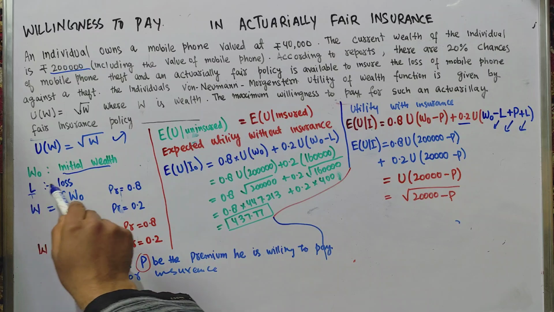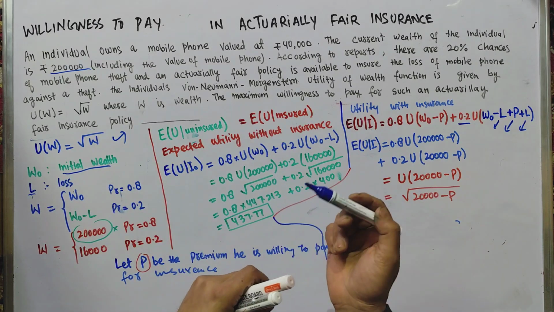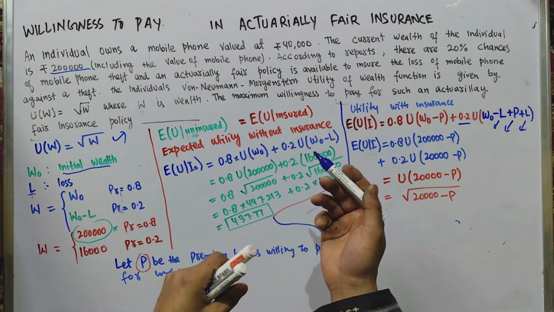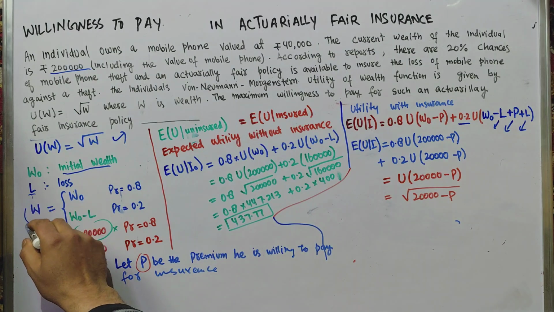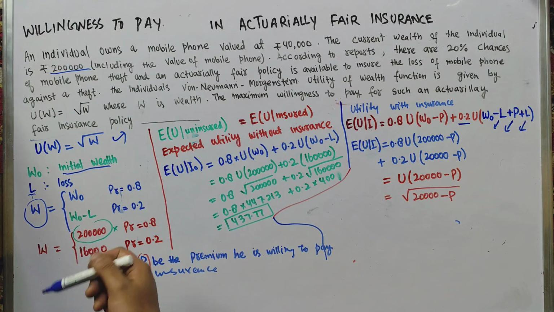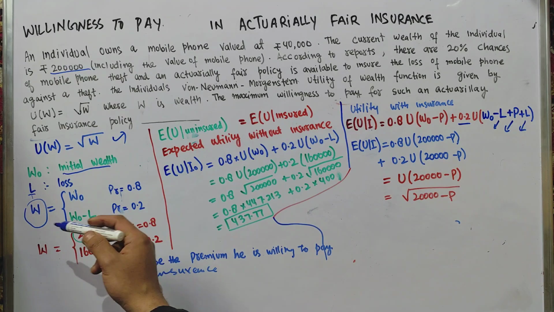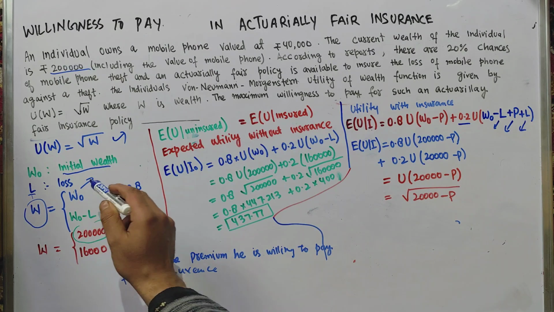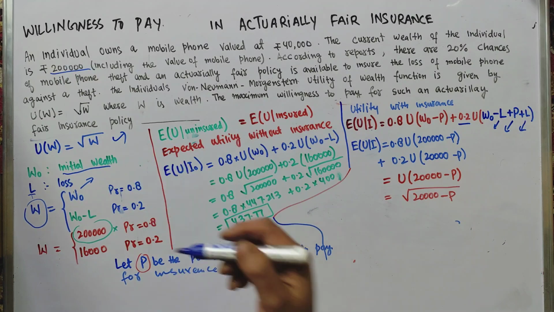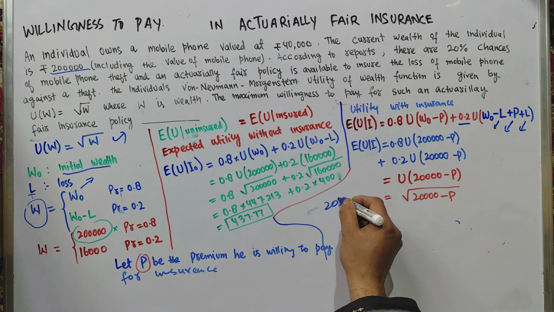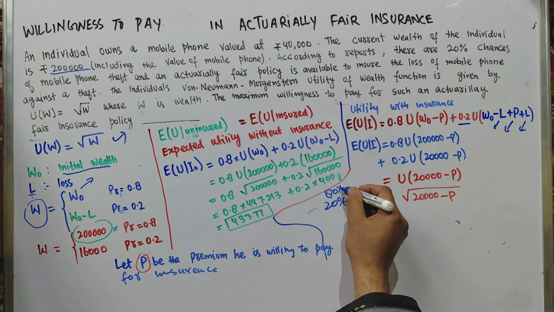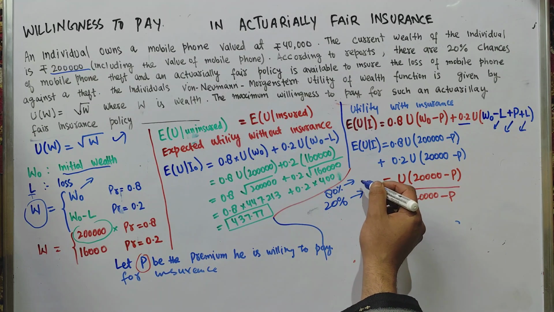And let us denote L as the loss, that is when the mobile phone theft occurs. Then what will be the wealth in two situations? Wealth will be equal to the initial wealth if no theft occurs, and we are being told that 20% chances are that the mobile gets lost. That means 80% chances are that the mobile will not get stolen.